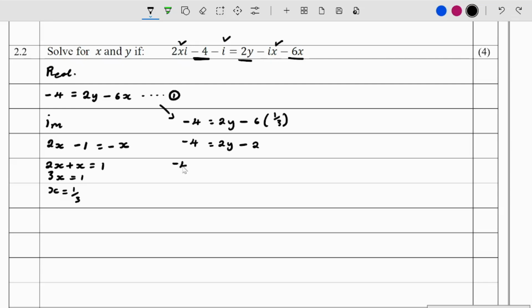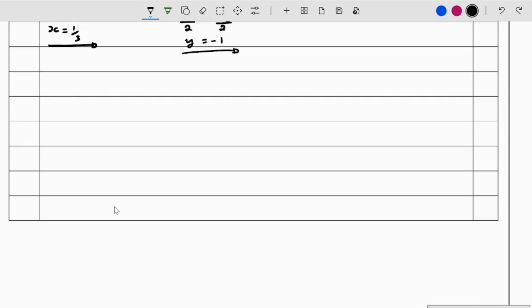So negative 4 plus 2 will be equal to 2y. Then this will give me negative 2 is equal to 2y. And then you divide both sides by 2. That will mean the value of y is equal to negative 1. That is your simple, straight answer right there. Great.